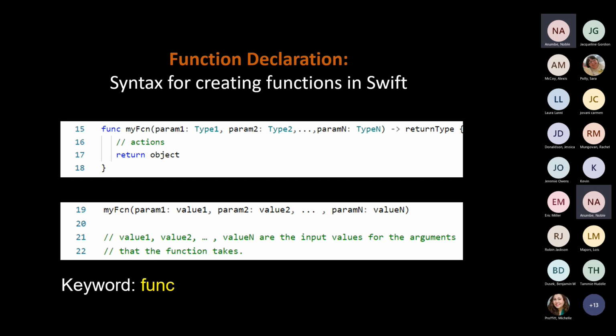There are certain words that are reserved and you can't use them. You can see return is reserved, func is reserved. Any time and every time you see func in Swift, it's a way of declaring, hey, I'm about to write a function.